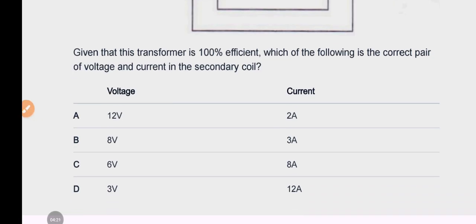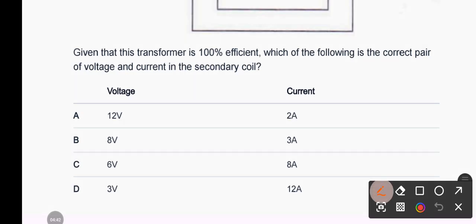Option A, voltage 12 and current 2. If I calculate power using this, I'll have a value of 24, which isn't correct. Option B, voltage 8 and current 3. Here I'm having a value of 24.